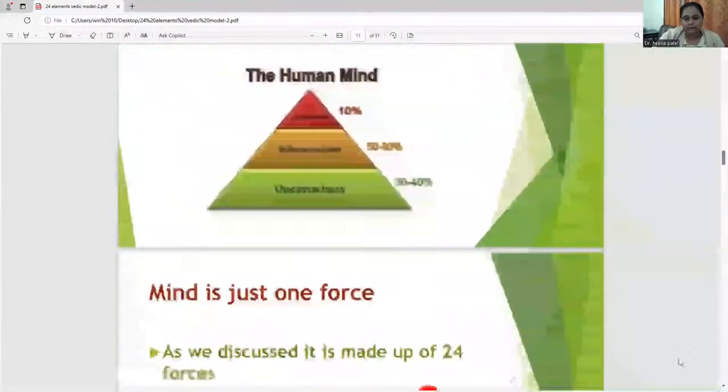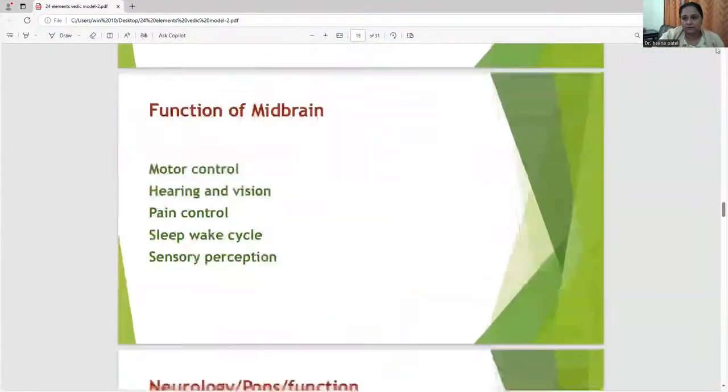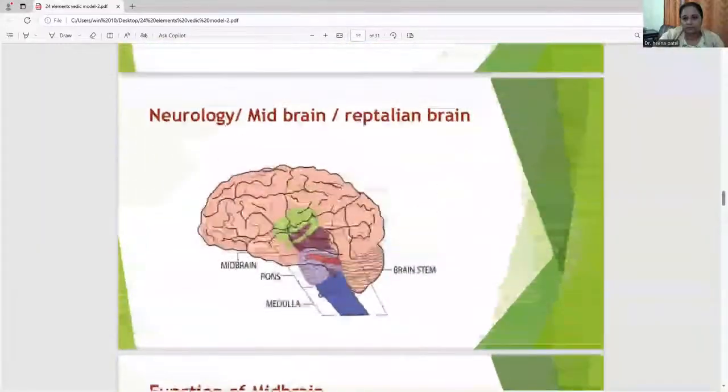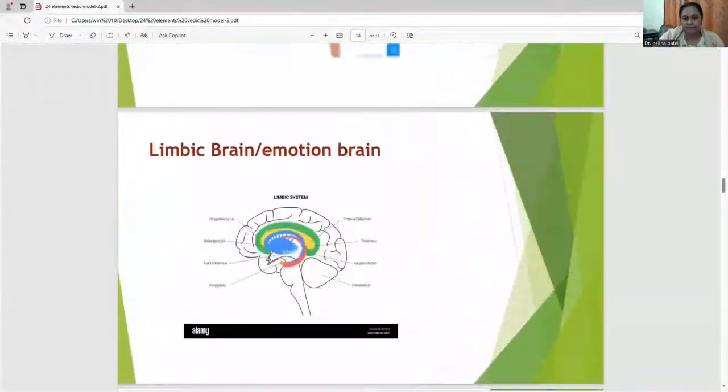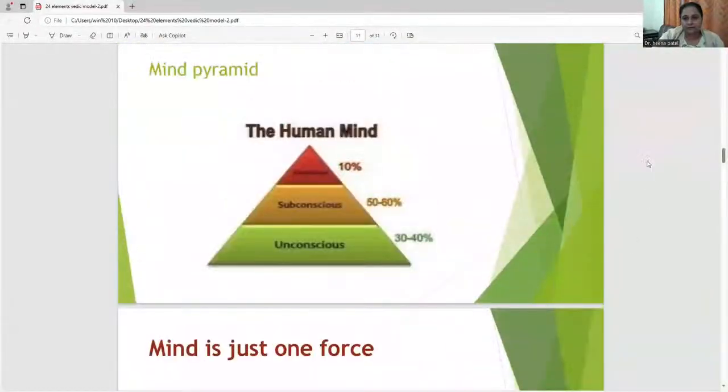Mind pyramid. The human mind, that's unconscious is 30 to 40%, subconscious 50 to 60%, and the rest, only 10%, is available for our present life experiences.